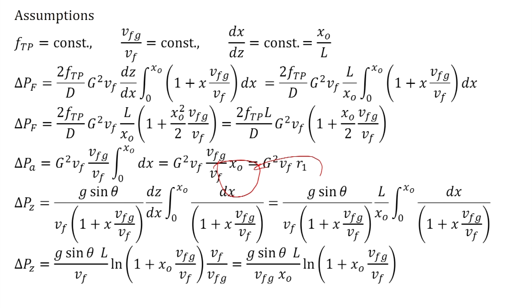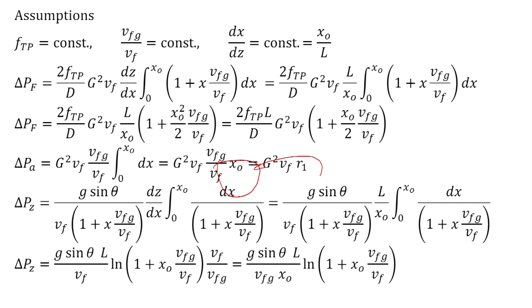If m square is not negligible, then we will have to keep m square, and then all these pressure gradients will have to be multiplied by 1 upon 1 minus m square, and then we will have to do numerical integration, because m square contains x, and then we cannot take it out of the integral sign.